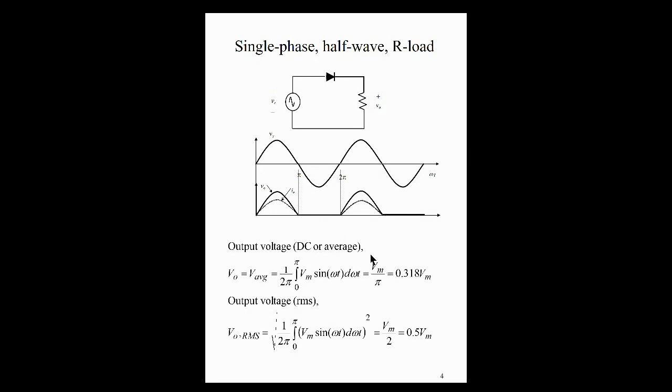In the last class, we calculated this value. I think we proved that the average output voltage is given by the peak voltage divided by pi. So 1 over pi, that's just 0.318. That's how we move from this peak voltage over pi to 0.318.